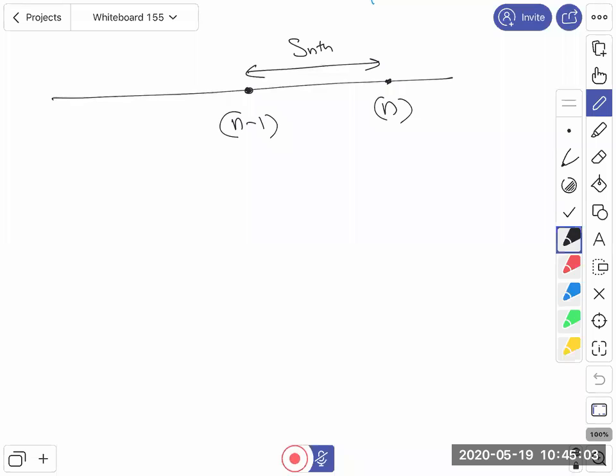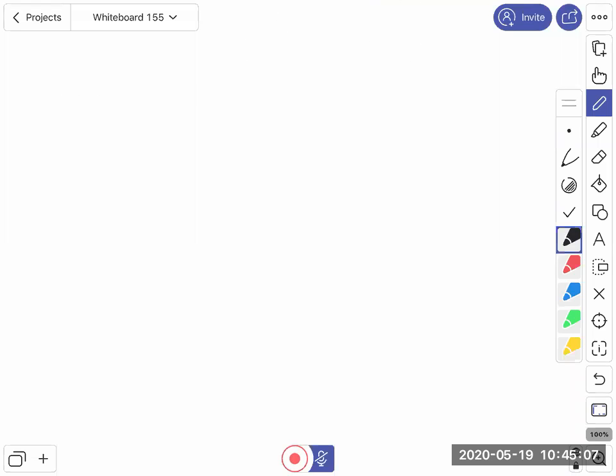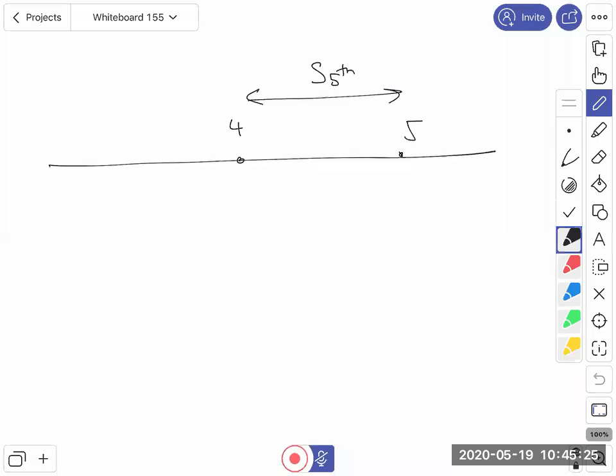Can you repeat this again? Nth second. Displacement in the 5th second means displacement from 4 second to 5 second. Is it clear? Did you understand this? Yes, sir. The distance traveled between time equal to 4 and time equal to 5 is known as displacement in the 5th second.